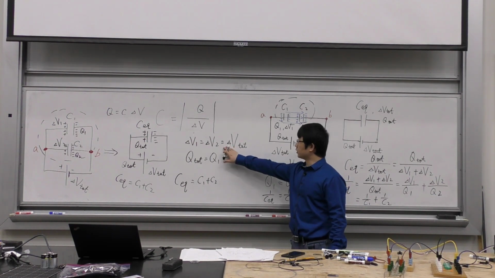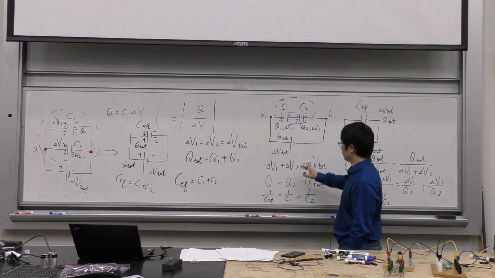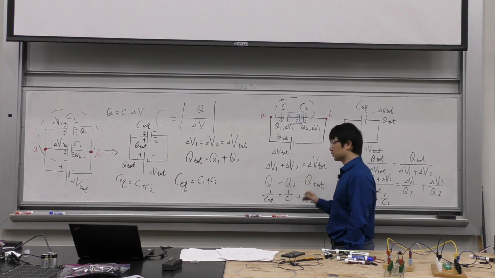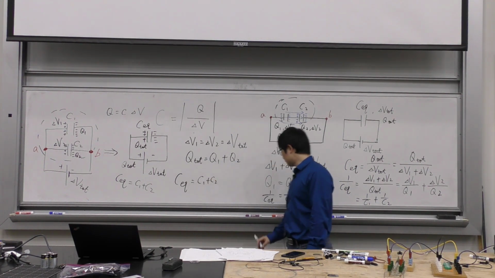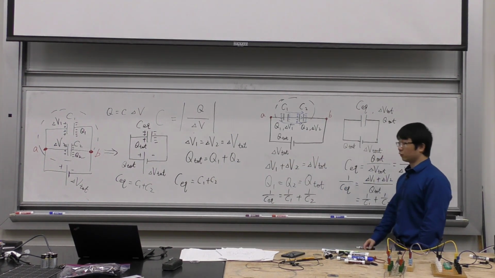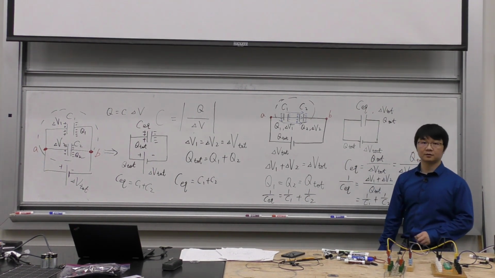So in parallel, voltage is equal, charges add. Now in series, charge is equal, voltage adds, okay? And then that's something you need to remember. Okay, this guy, you just add them together. This guy, you take the inverse. And once we reach the resistors, we're going to do the same thing again, okay?